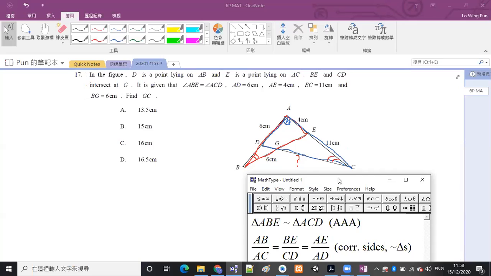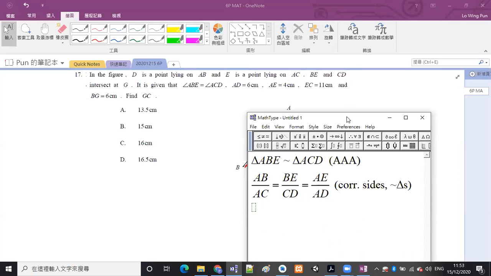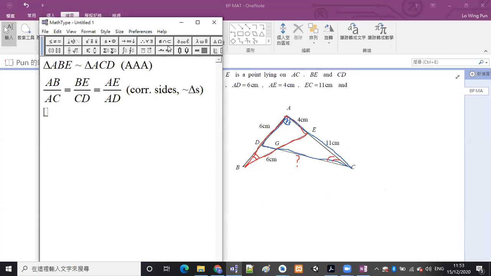但係你唔使寫嘅。好啦，跟住咧，我就填翻數字入去咯。AB, we don't know. Just write AB, and then AC, it is 4 plus 11, and then BE, we don't know. CD, we don't know.